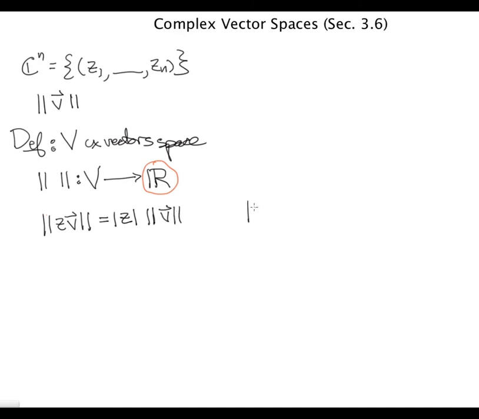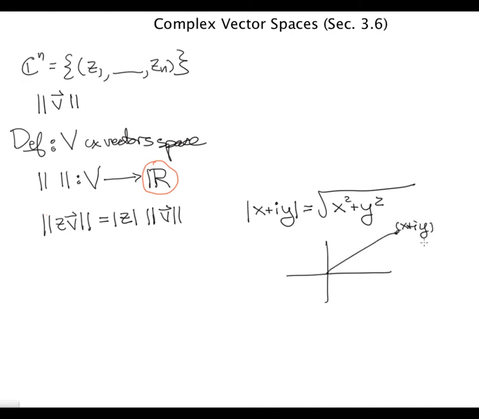And remember that the absolute value of a complex number is the square root of x squared plus y squared, which is just the length in the plane with the usual distance. And so that's the homogeneity condition, and then positivity, and the triangle inequality. And that's the definition of a norm.